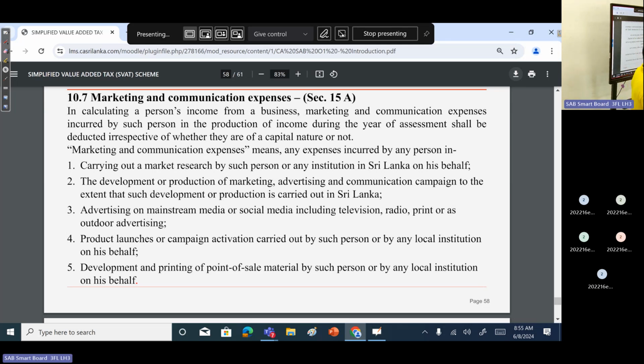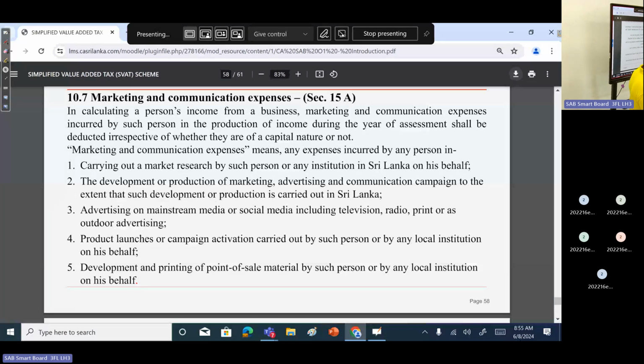General media and social media, right? Television, radio, print, or outdoor advertisement, product launch or campaign activation carried out by such person or by any local institution on his behalf.